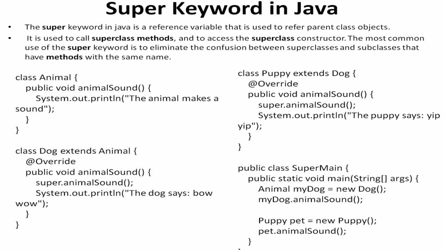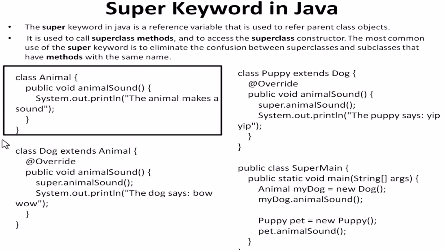For example, consider class Animal as one particular class, and Dog extends Animal.